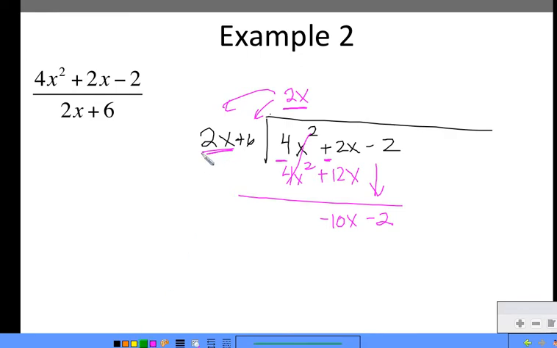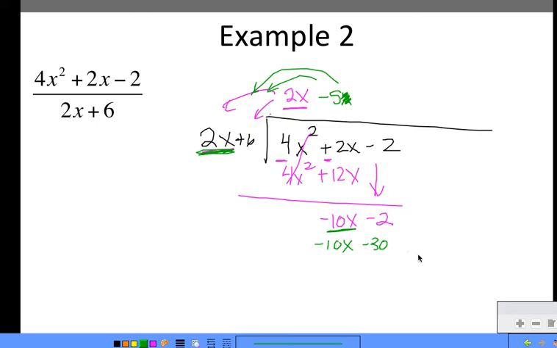Now we're looking at 2x times what gives us negative 10x? Well, minus 5x. Multiply that out. Oh, sorry, this should have just been a 5. My bad.